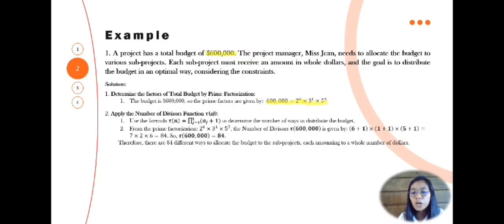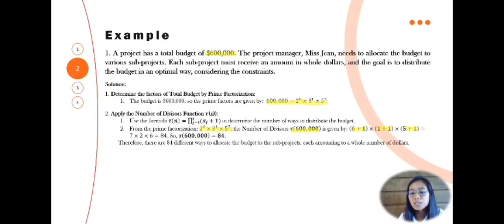From the prime factorization that we have, the number of divisors, tau of 600,000, is given by the quantity 6 plus 1 times the quantity 1 plus 1 times the quantity 5 plus 1. We have 6, 1, and 5 respectively because our prime factors 2, 3, and 5 have multiplicities 6, 1, and 5 respectively.